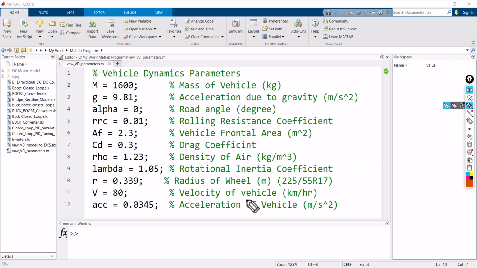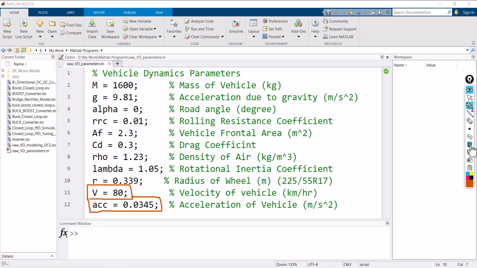The very important thing is that the velocity of the vehicle I used here is a constant value, and the acceleration is also a constant value, but in reality we never maintain constant velocity and constant acceleration. For better understanding, in the first part of the simulation I'll use constant velocity and constant acceleration. Later, I'll use the drive cycle.